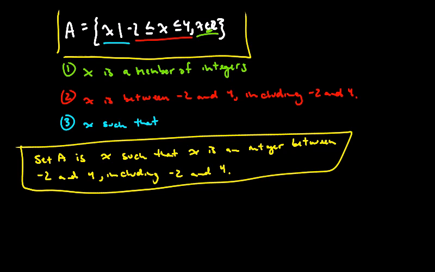Now, what would this look like on a number line? Well, let's take a look. So here's the middle of our number line. The first thing we need to notice here is that we are not including all numbers on this number line. In fact, according to our set builder notation, we're only including integers. Well, what are integers?